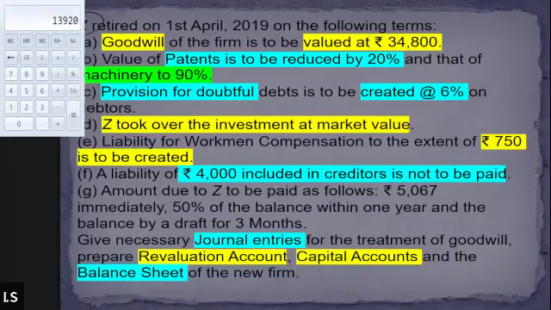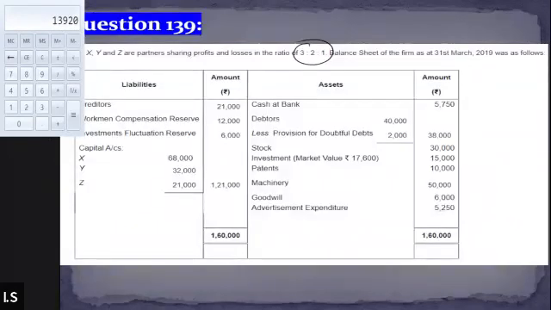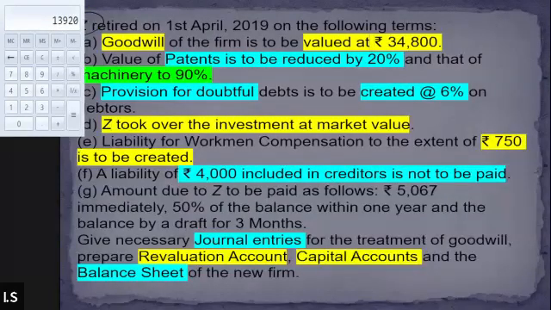In the revaluation account, the first thing given in the question is that the value of the patent is to be reduced by 20%. Let's look at the value of the patent. Patent on the asset side was given in the question as 10,000. The question is asking us to reduce it by 20%.